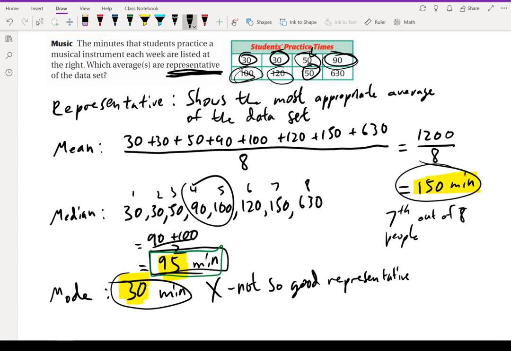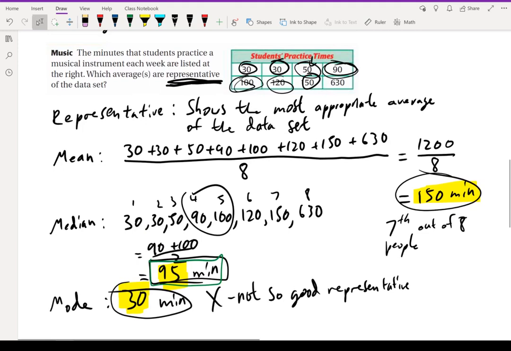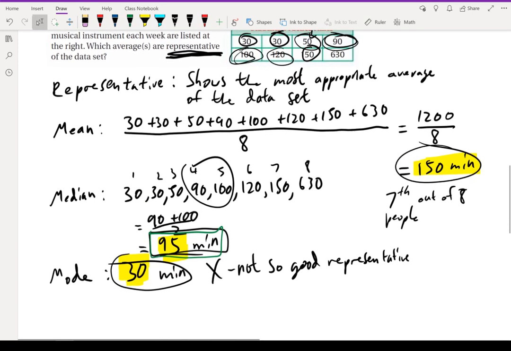And so I would say the only average that is representative of the data would be the median. So which average is representative of the data set?